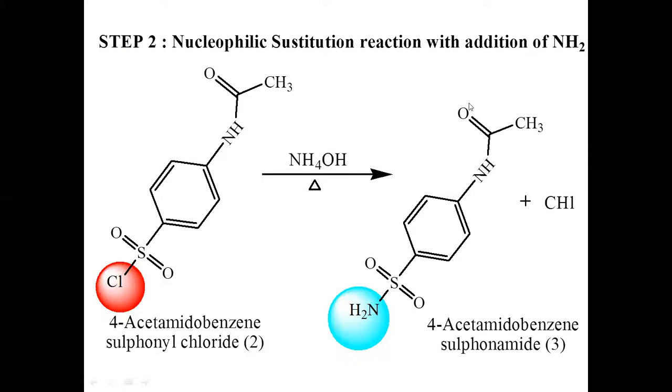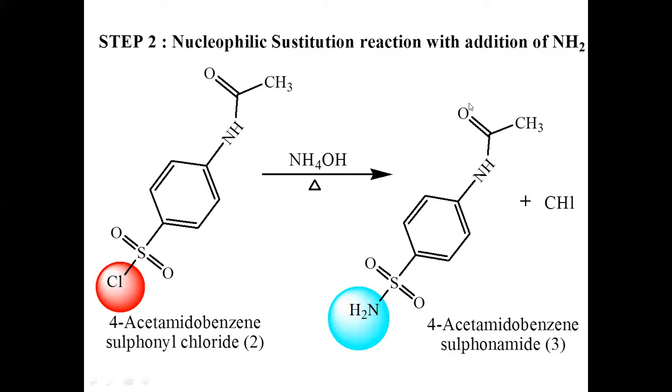Now let us start with the second step of sulfonamide synthesis, that is a nucleophilic acyl substitution reaction with the addition of ammonia. In this reaction, an excess amount of ammonia is added. The ammonia is generated from ammonium hydroxide with the application of heat.